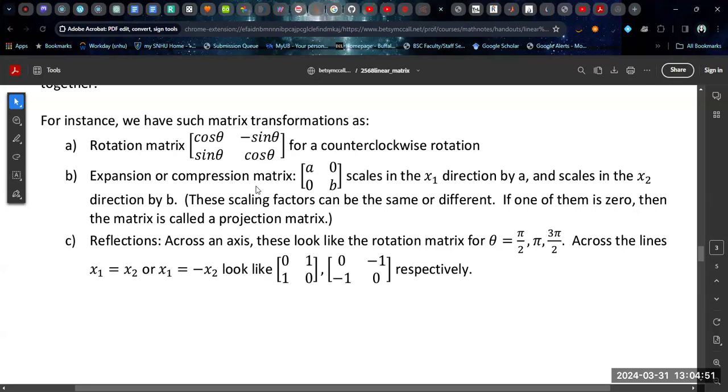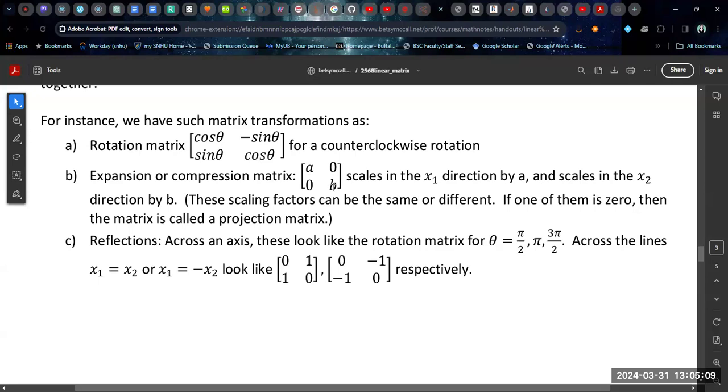If you're doing expansion or compression in one direction or the other, so here I would be expanding, or rescaling, in the x direction by a, and here I'd be rescaling in the y direction by b. They can be the same value, they can be different values.